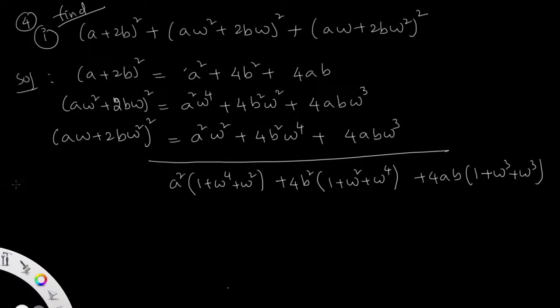Just adding all these expressions. So write a square into 1 plus omega power 4, which is omega, plus omega square, that is 0. Why?